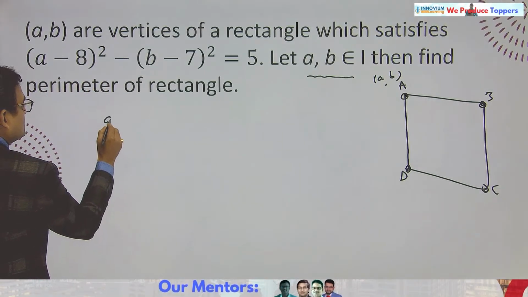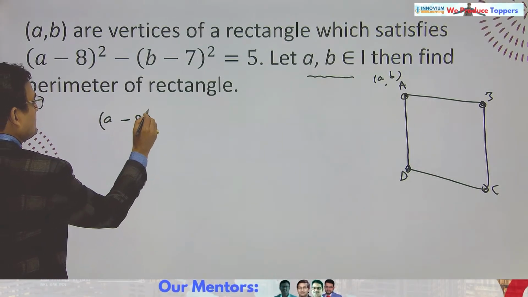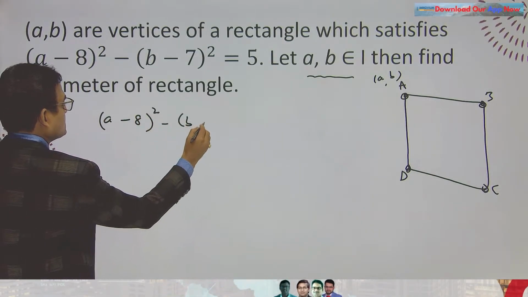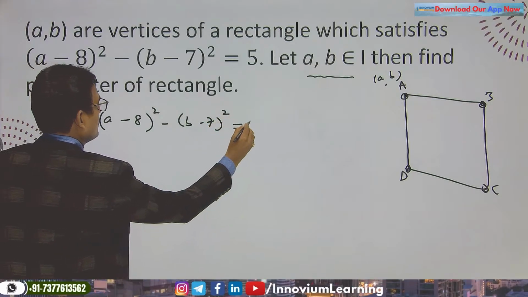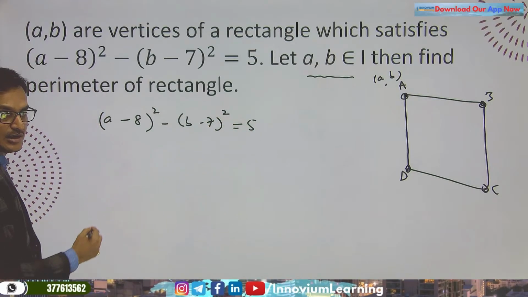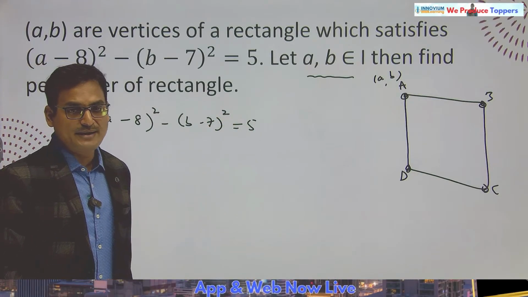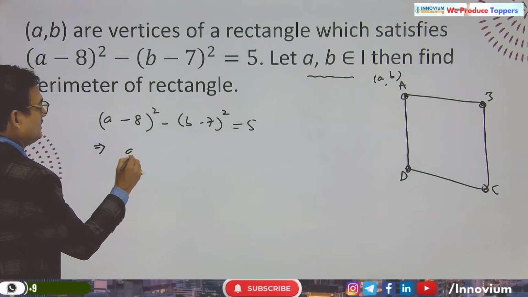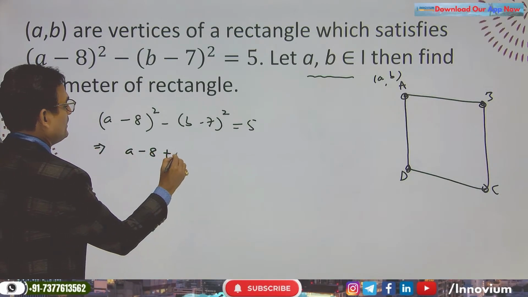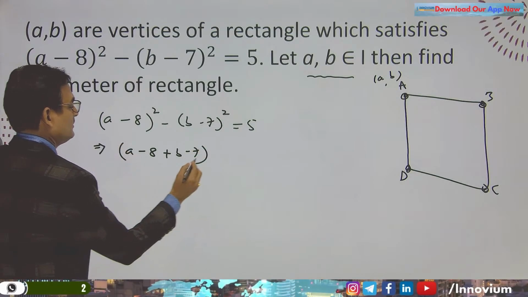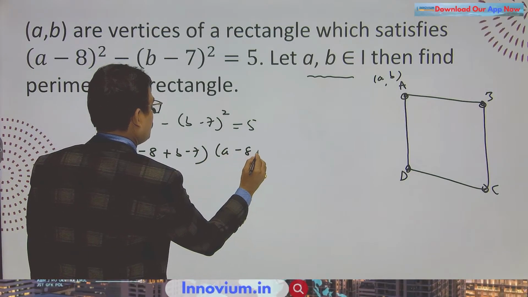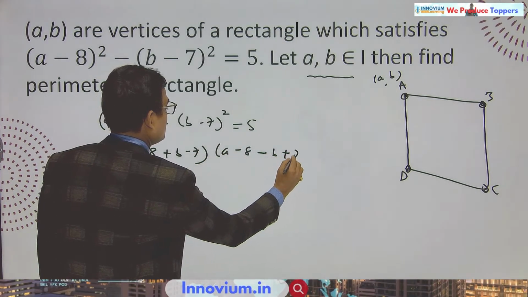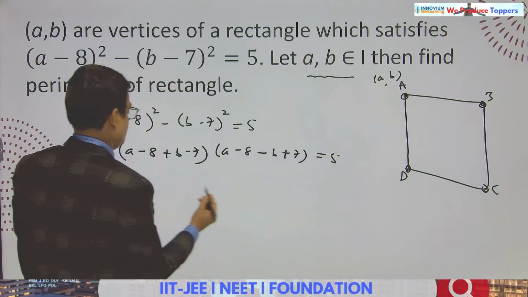Now this is in the form of (A minus 8) square minus (B minus 7) square equal to 5. This is in the form of A square minus B square. We can have that formula: (A minus 8 plus B minus 7) whole into (A minus 8 minus B plus 7) equal to 5.